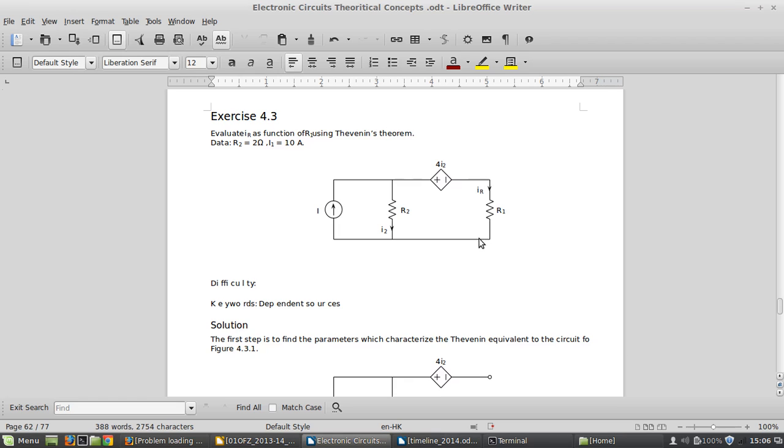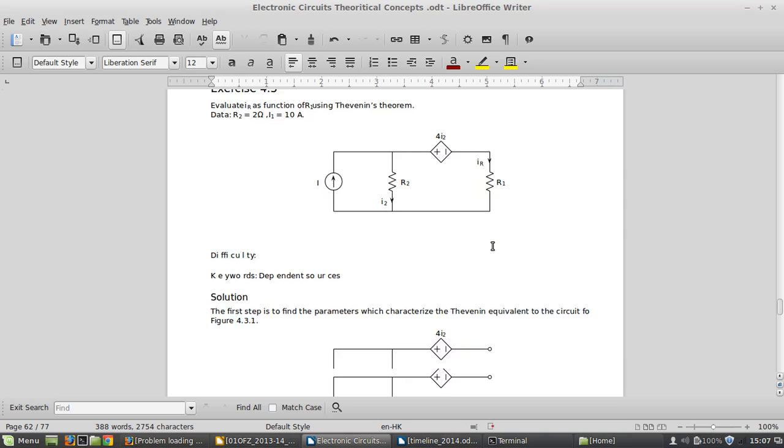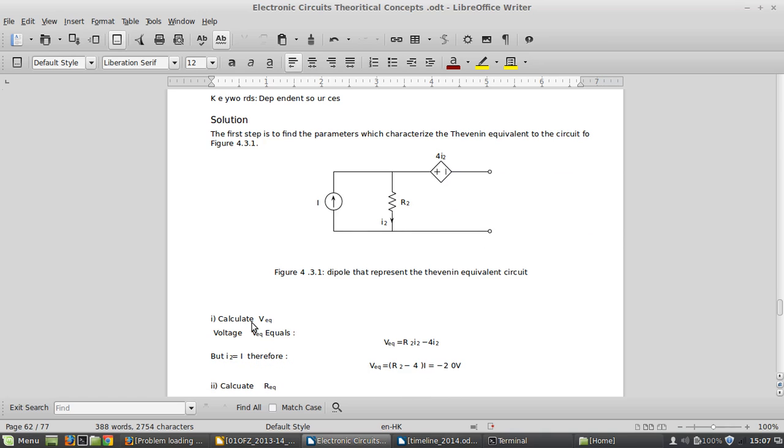Now let's see this exercise. In exercise 4.3, we have to evaluate IR as a function of R1 using the Thevenin theorem.